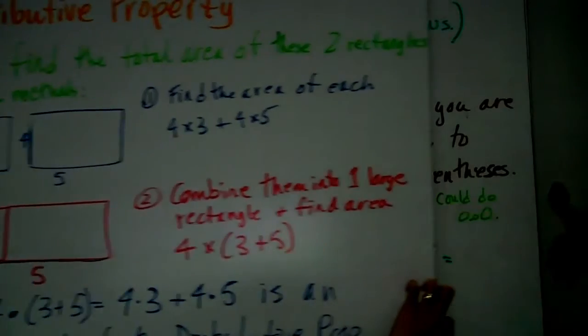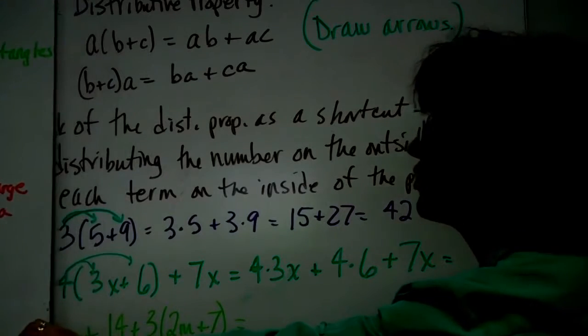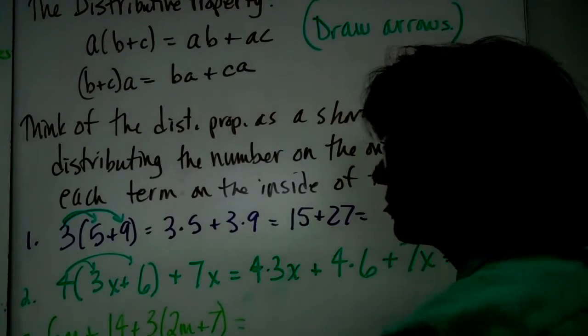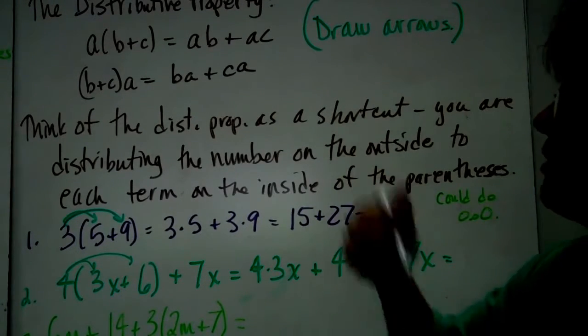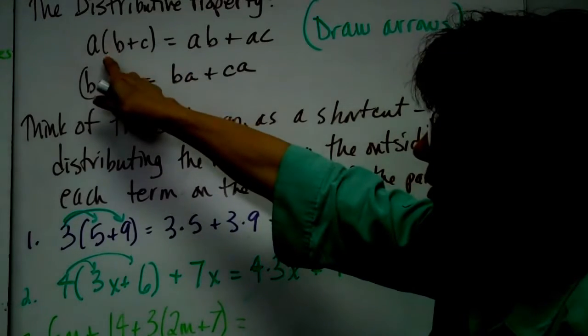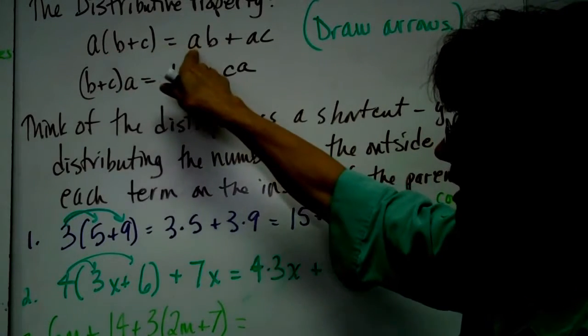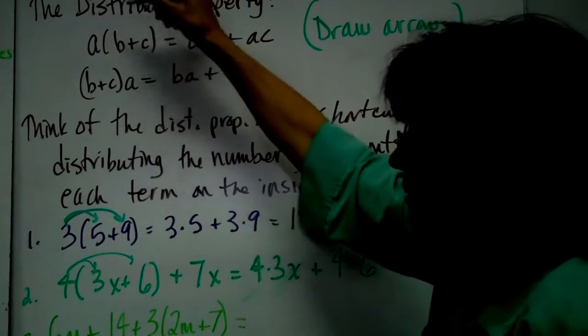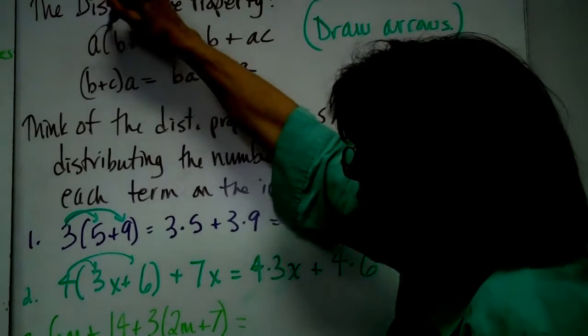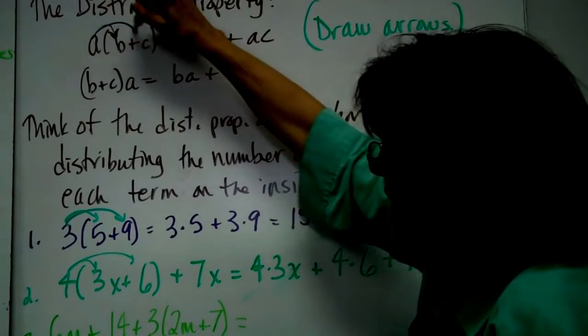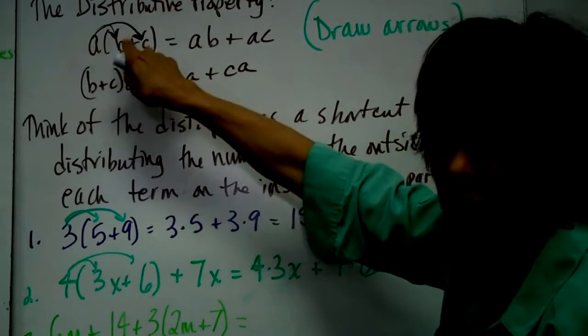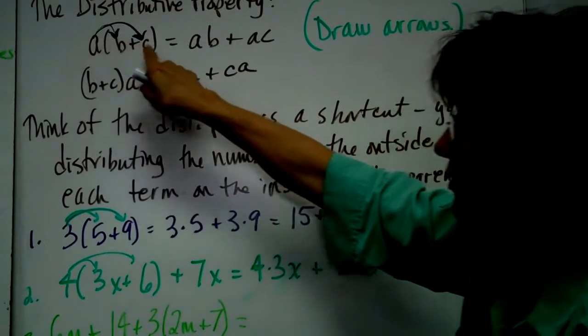If we use letters for all the numbers, use variables, supposing we had some number a, and then parentheses b plus c. That's going to equal a times b. What I always like to do is have you draw arrows, a to b and a to c, to make sure you distributed the a to the b and the a to the c.